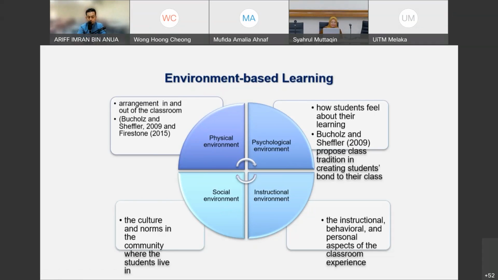Sorry. It is actually the culture and norms in the community where the students live in. Just like the example that I have shared with you previously, I taught one particular class in a rural area in Magelang, and it happens to be on the slope of Mount Merbabu.